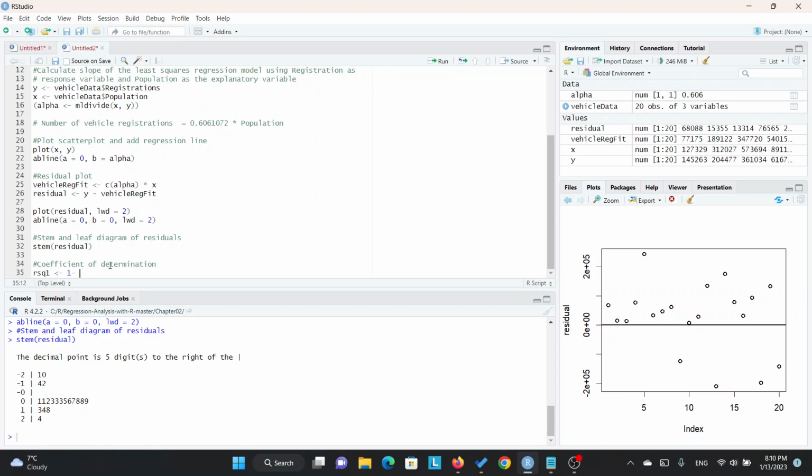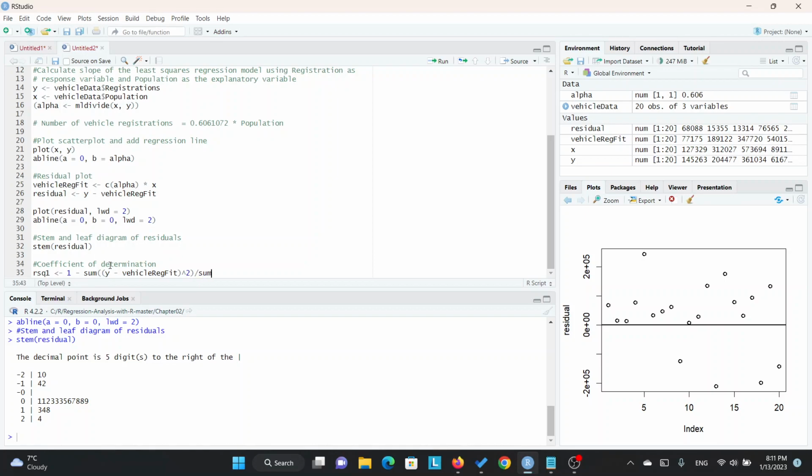And then 1 minus the sum of y minus vehicle reg fit, so y minus fitted y, that's going to be squared.